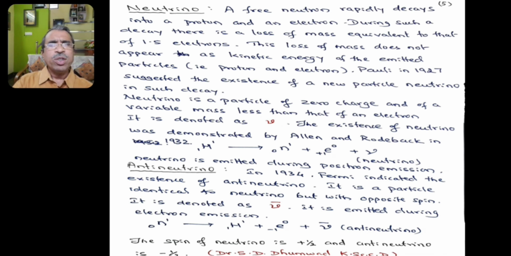It is emitted during electron emission. So when you take a neutron, the neutron turns into a proton, and during this an electron is emitted, and during this reaction an anti-neutrino is emitted. The spin of the neutrino is plus half and the anti-neutrino is minus half.